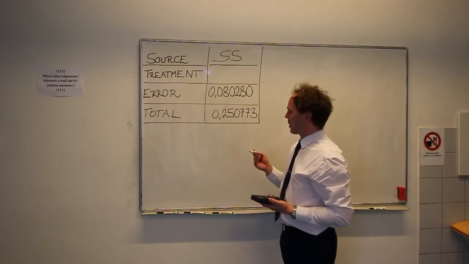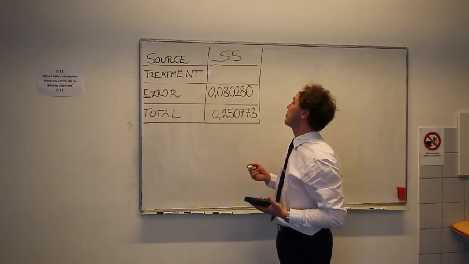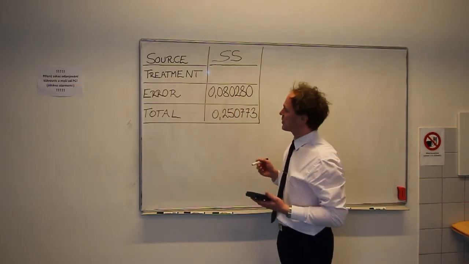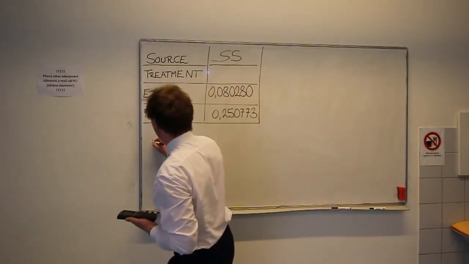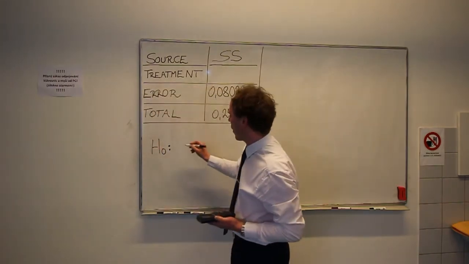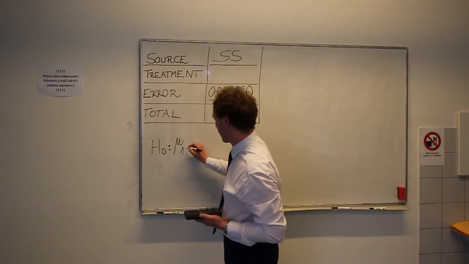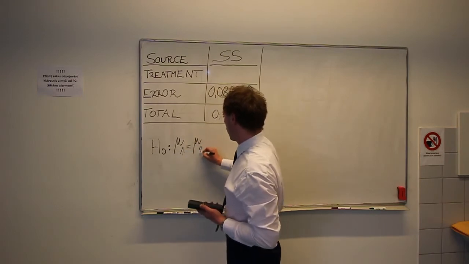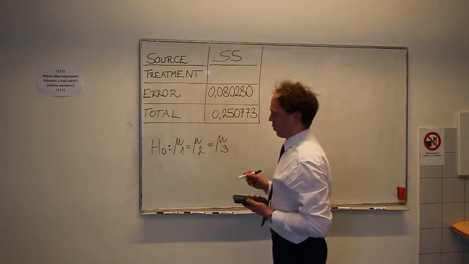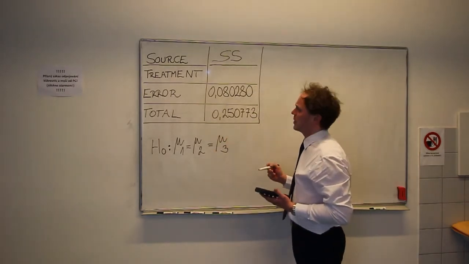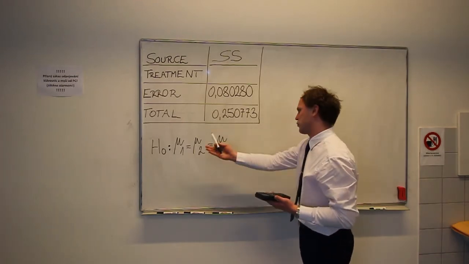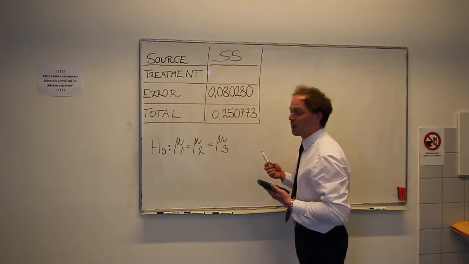Okay, so this is the beginning of the table, where we have only these two values. I already said that our zero hypothesis is mu for the first group equal to mu for the second group, and this is equal to mu of the third group. Equality of three means, equality of consumption of three different types of petrol.